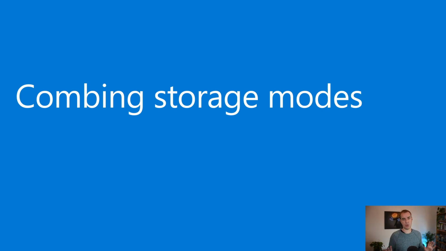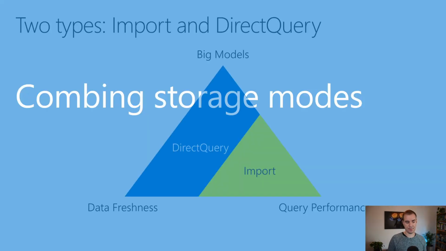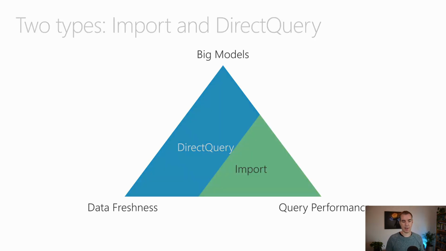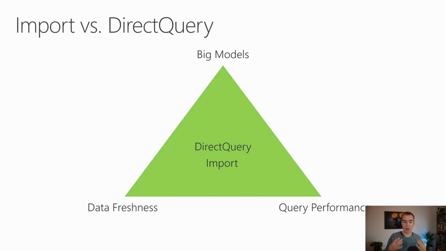We haven't mixed storage modes. Now we're going to start mixing storage modes. So this was the situation we had before, but now with composite models, we also added one more thing, dual mode. So you can have DirectQuery and import together in a single model. So that's pretty amazing.